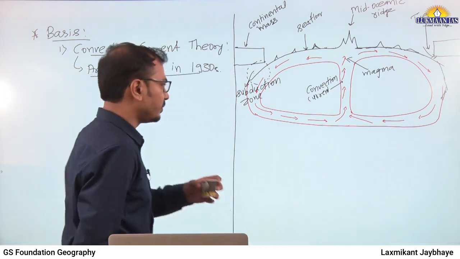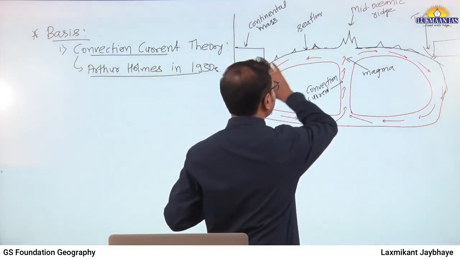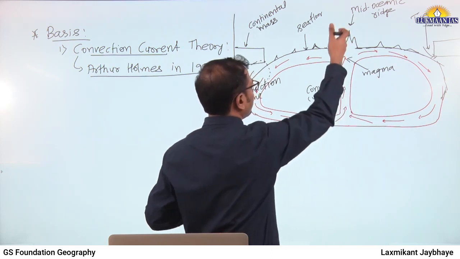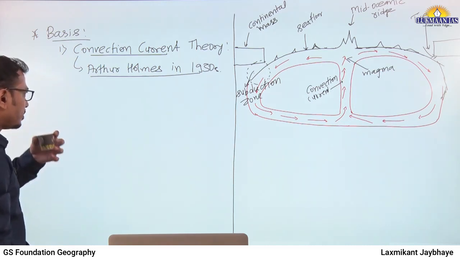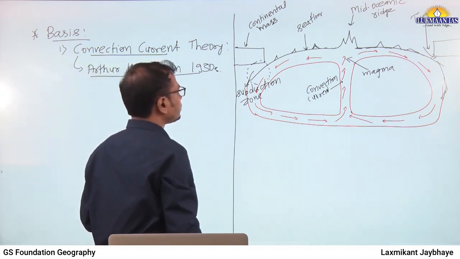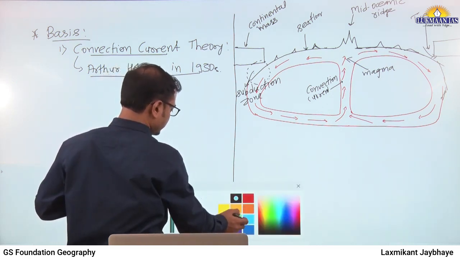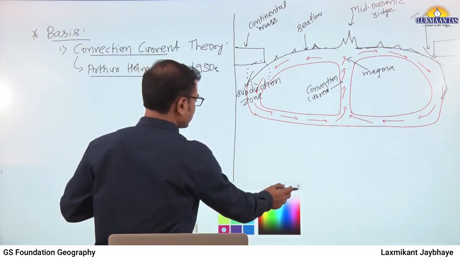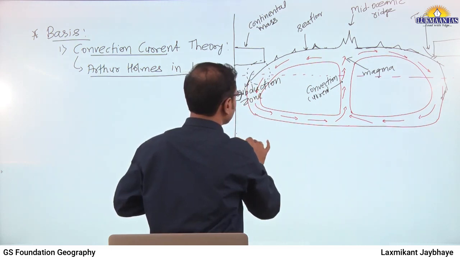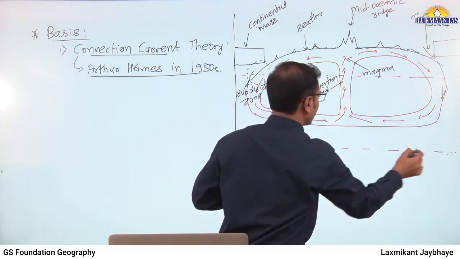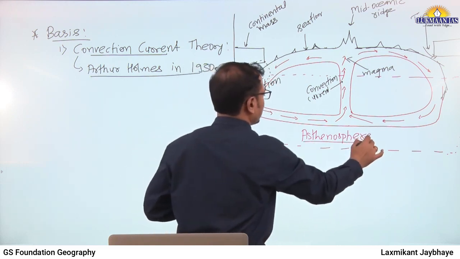The subduction zone is on both sides, the trench is on both sides, and at the central part the mid-oceanic ridge is there. Which is this region? Asthenosphere.